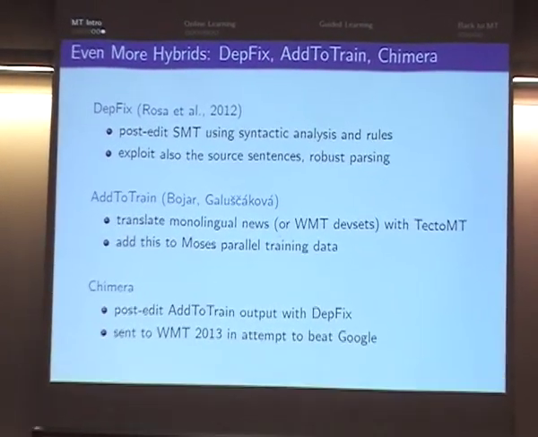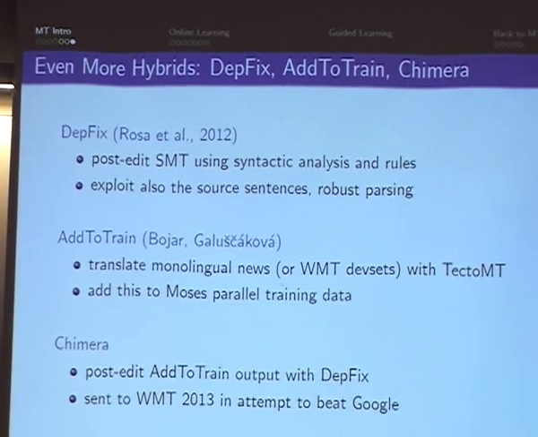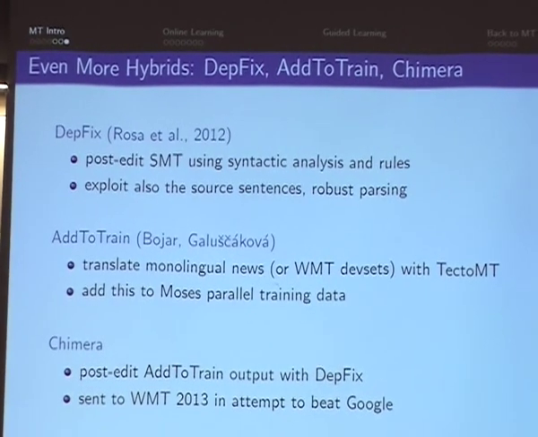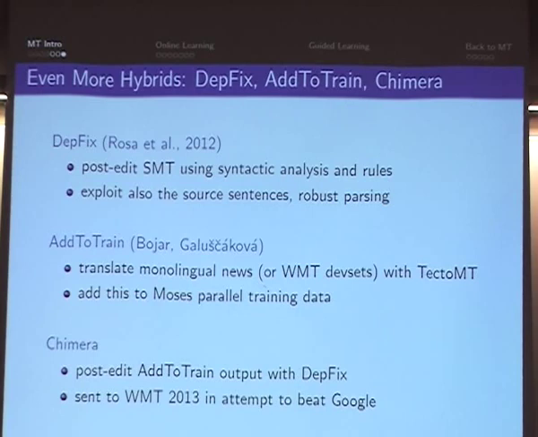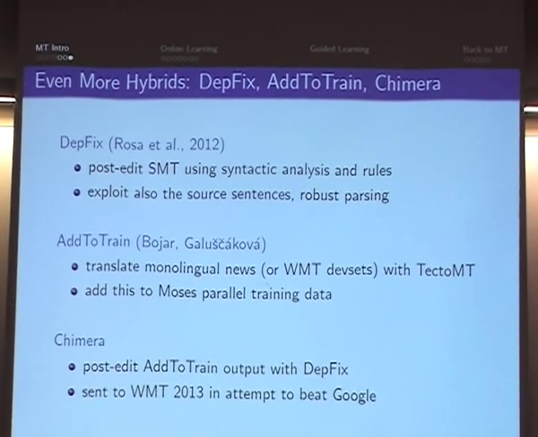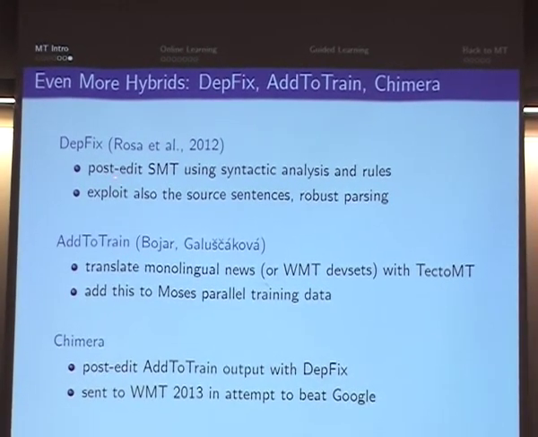So, and even more hybrid systems. This is not my work, but DepFix is by Rudolf Rosa. It's the opposite of PhraseFix. It's a rule-based or syntactically or linguistically motivated post-editing of statistical machine translation.